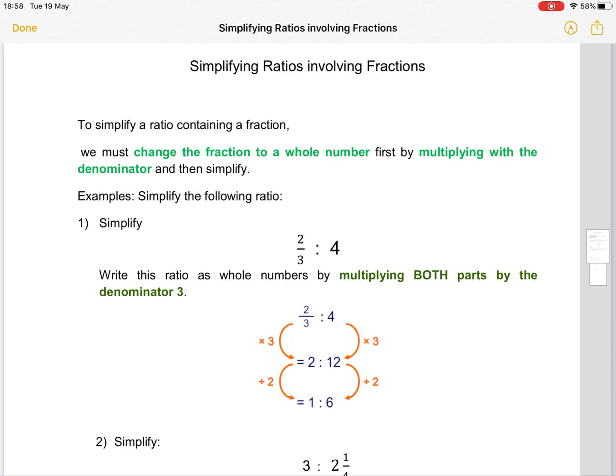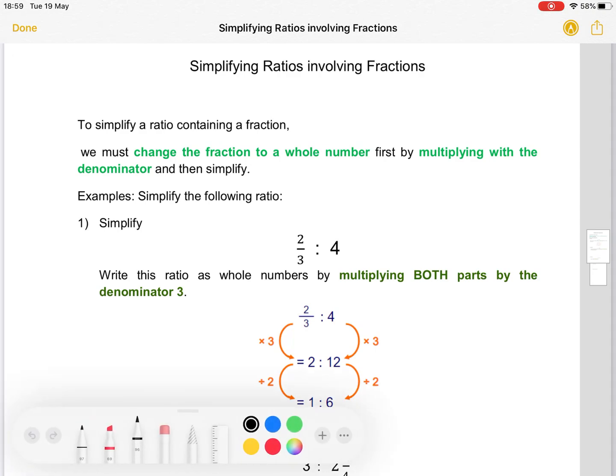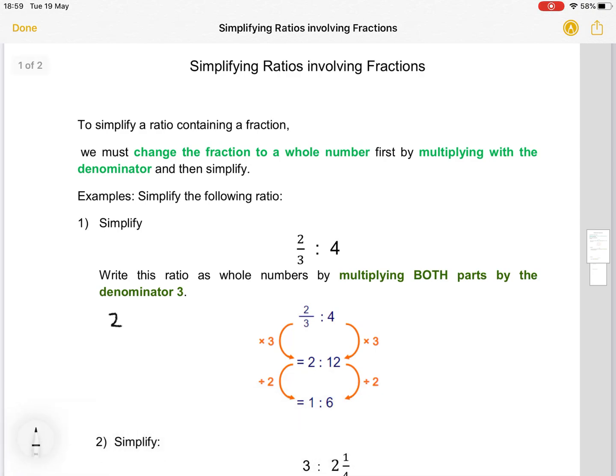Now, if we multiply 2/3 by 3, let's work it out so that you will realize how it is done. So 2/3 times 3, as we said, the denominator will cancel. And I end up with 2 times 1, it's 2. So 2/3, if I multiply it by 3, I end up with the first part as a whole number 2.